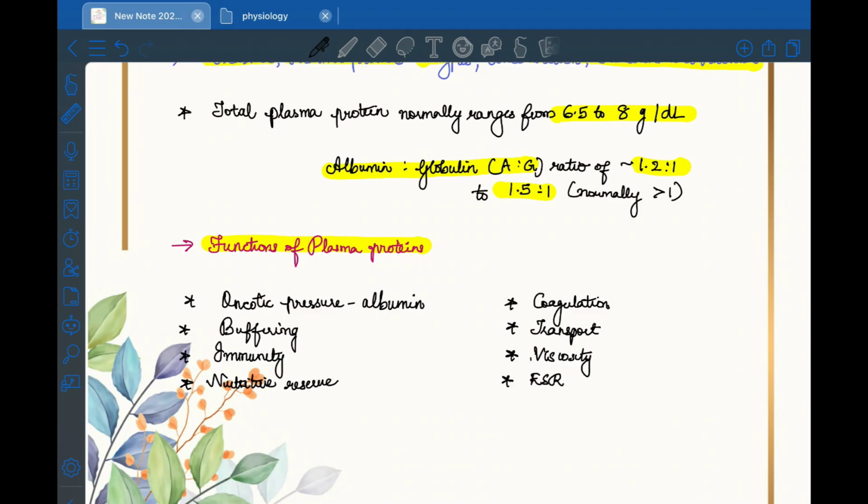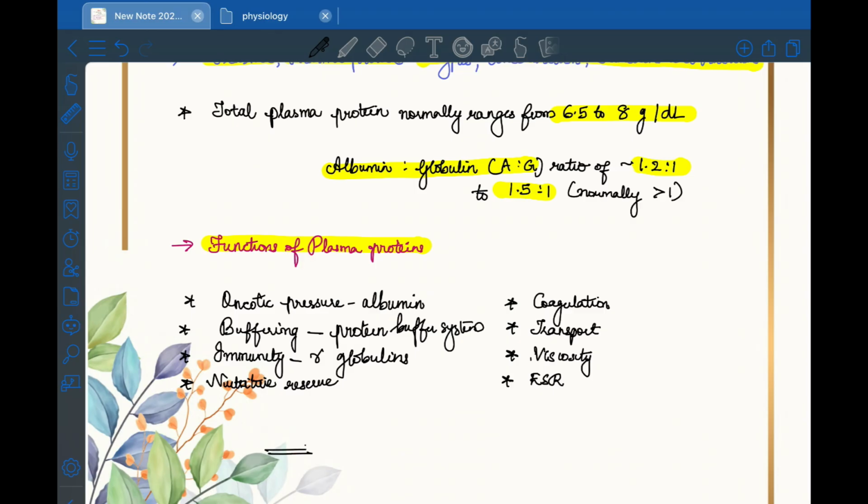Now, buffering function. Plasma proteins act as buffers against pH changes. This is via the protein buffer system. Then immunity. This is via the gamma globulins. So what are the gamma globulins?